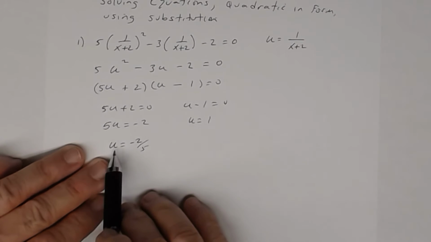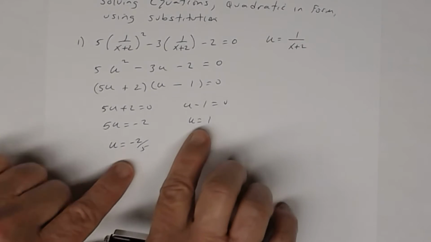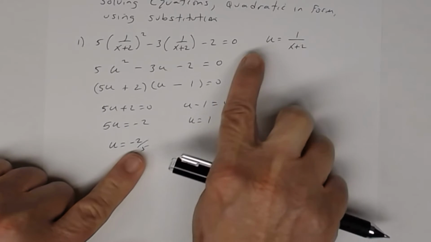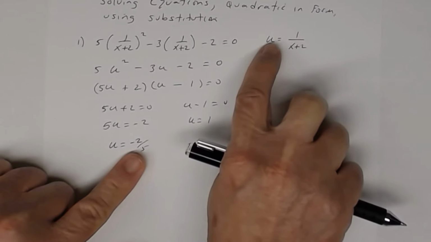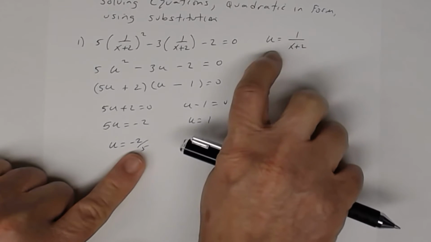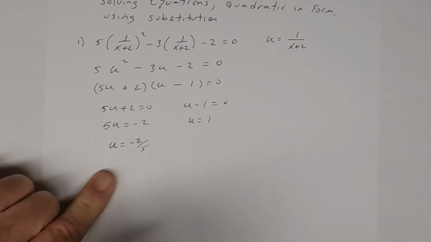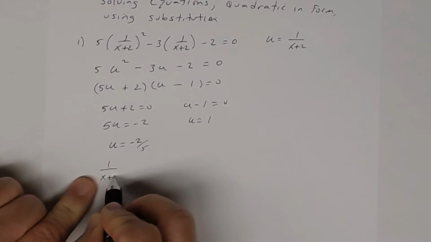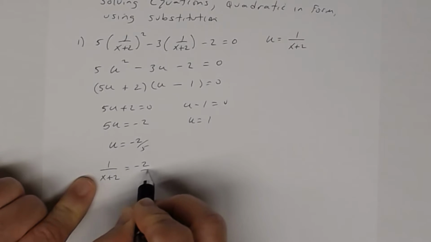So now remember, you have u equals these two numbers, negative 2/5 and 1. So you got to now solve for the variable x. So you got to go back here, and in place of u, remember in place of 1 over x plus 2, you substitute u. So you're going to resubstitute this time. So u is 1 over x plus 2, and that's going to equal negative 2/5.